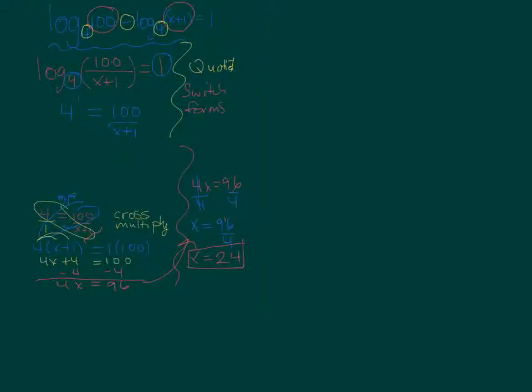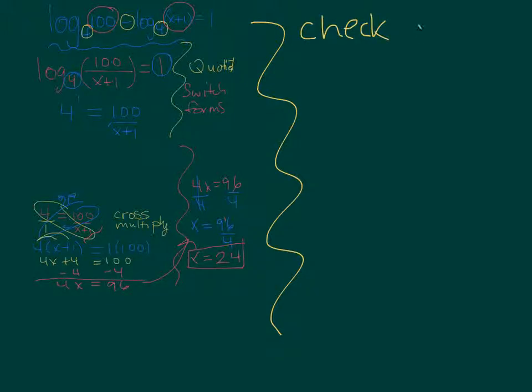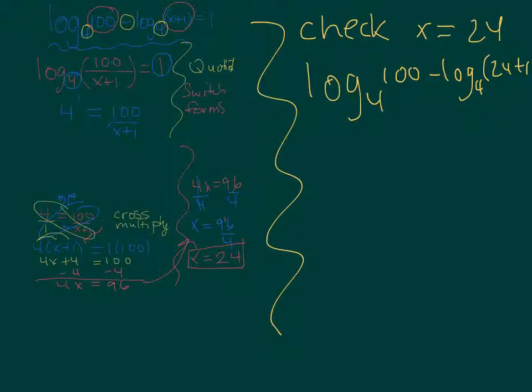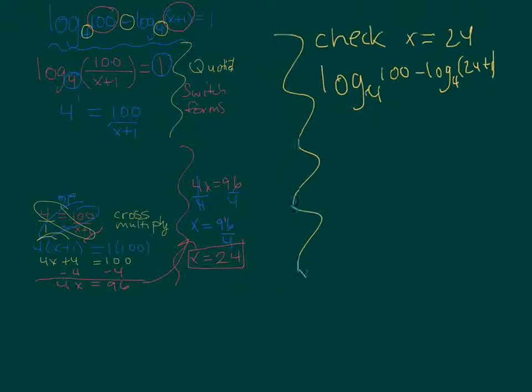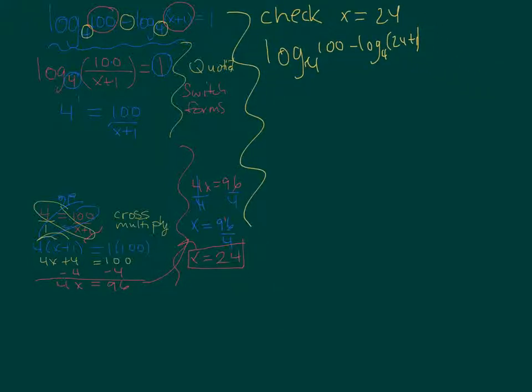All right, you should always check your work, especially you should check for extraneous solutions. So let's check our solution, x equals 24. We're going to check it by plugging it back in to our original equation. So I have log base 4 of 100 minus log base 4 of 24 plus 1 is equal to 1.